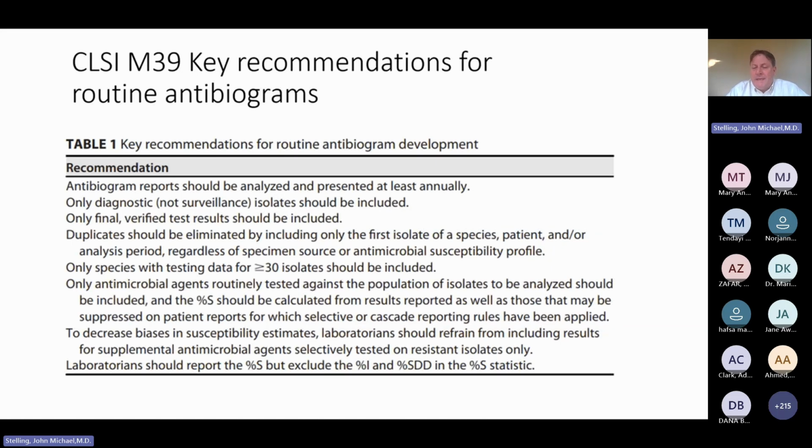That is highly precise and also highly inaccurate. And this will come back later when we talk about the results generated from a routine clinical laboratory. If we have a lot of data, 500, 600, 1,000 isolates, your estimates will be highly precise, but that does not make them accurate. And we'll talk about biases in a little bit.